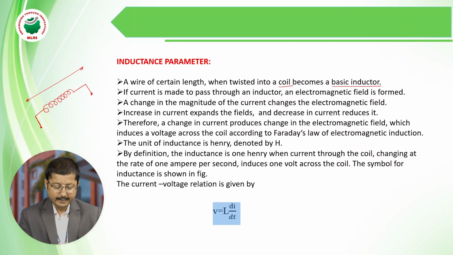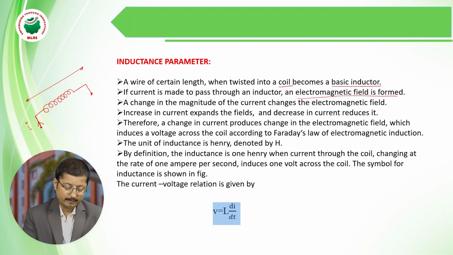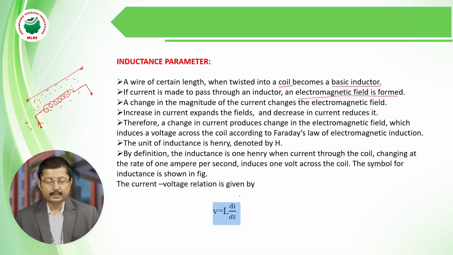If current is passed through this inductor, then an electromagnetic field is formed. That means when current is passed through this inductor, the electromagnetic field will be established in this inductor. A change in magnitude of current changes the electromagnetic field.